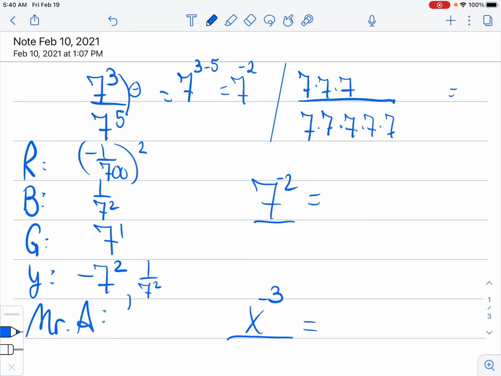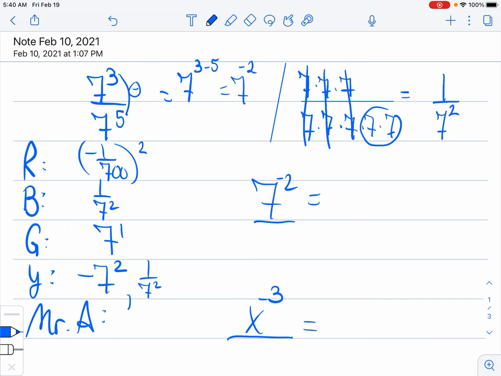Now, as we know, when you divide a term by itself, the answer is 1. So these 7's here would cancel out. That leaves you with 2 7's on the bottom of this fraction. And what happens then is that this becomes 1 over 7 squared.